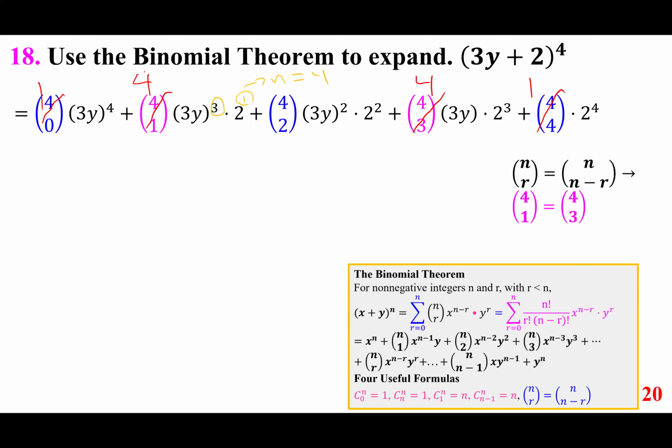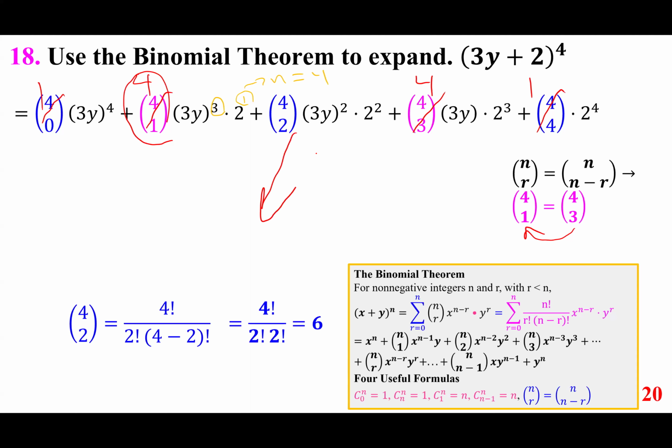So again, 4 choose 1 is 4, and 4 choose 3 is the same because of choosing r from n, and in this case, n minus r. So the only thing you have to calculate is this guy. Let's calculate it. 4 choose 2 would be 4 factorial over 2 factorial times (4 minus 2) factorial, which is 2 times 2 factorial, and I'm going to leave it for you to show that it's 6.